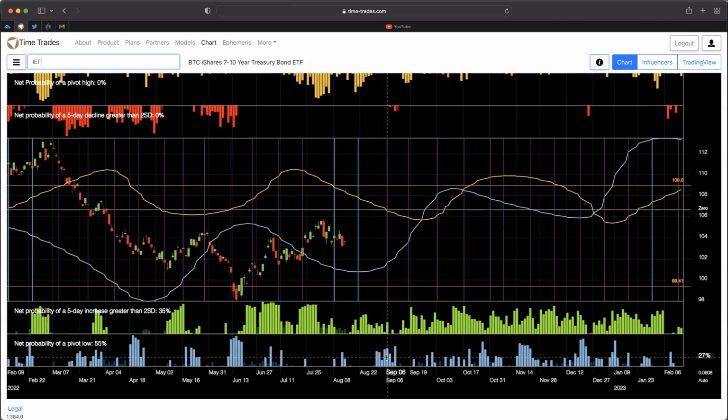And you can see that IEF, or the shorter term notes, also respects the Mercury speed line quite well. So it looks to me like the end of this strength in bonds is coming. So in my interpretation, we're going to see bonds decline down into this cluster of pivot lows as Mercury slows down.